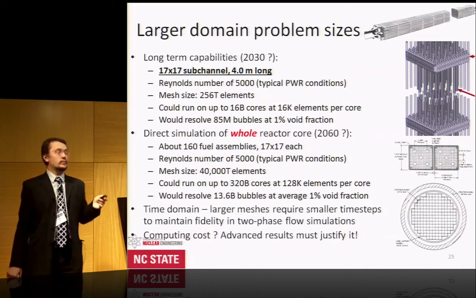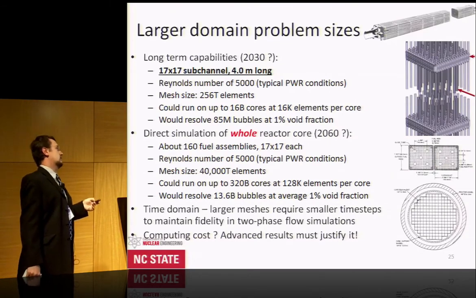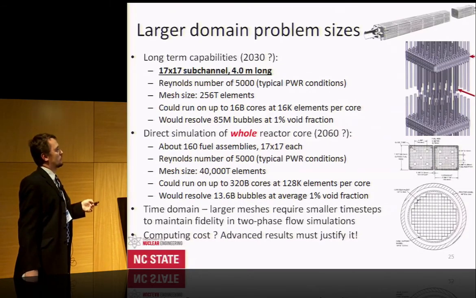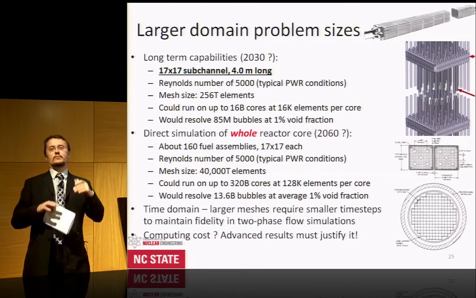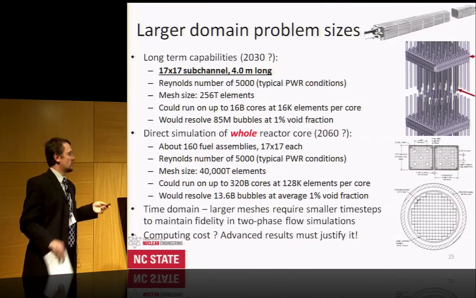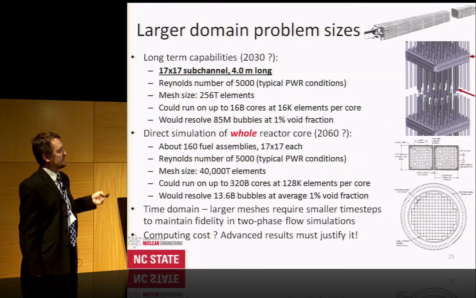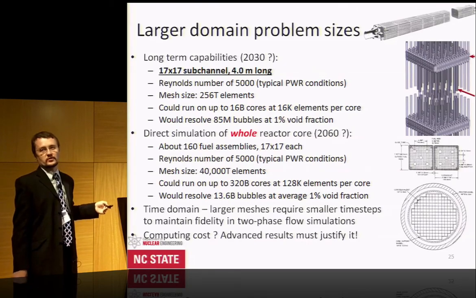In terms of capabilities. And if we get very greedy, and I don't think there is too much reason for this, but I'm just saying that there are problems out there you could apply DNS to, which will require some extreme computing. The reactor core consists of 160 of those assemblies, and of course those assemblies are different.